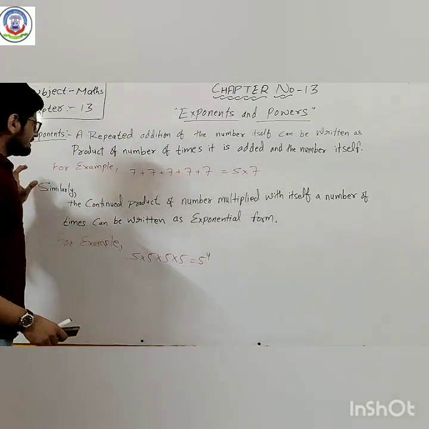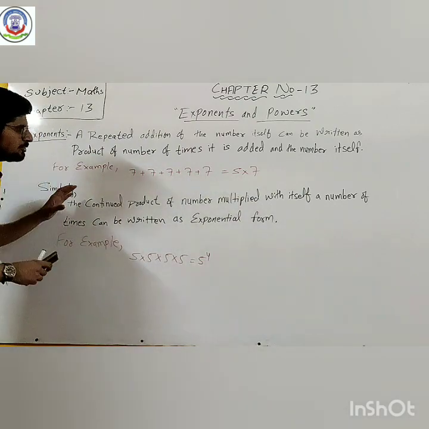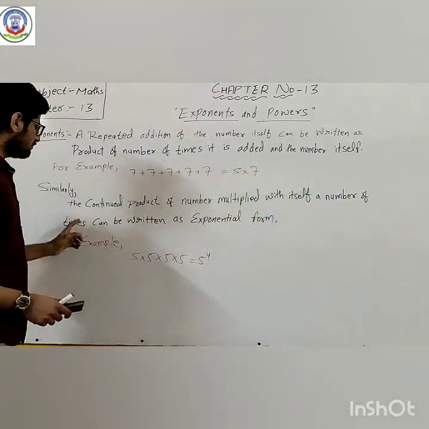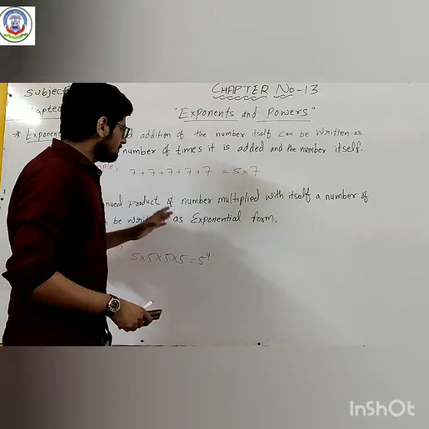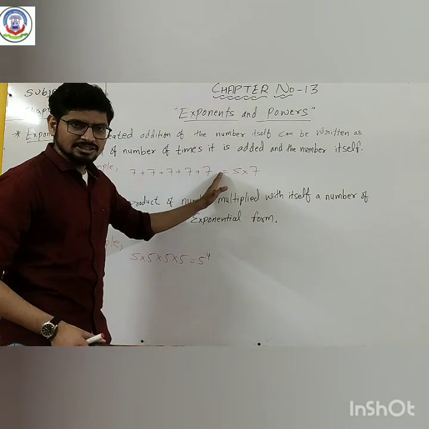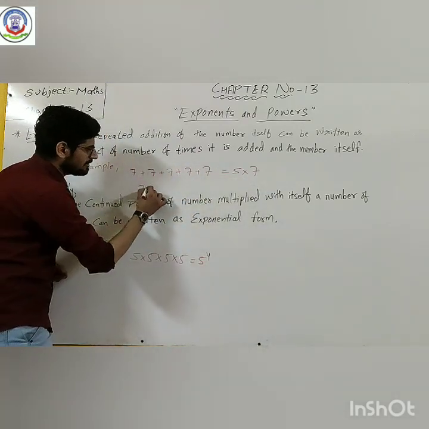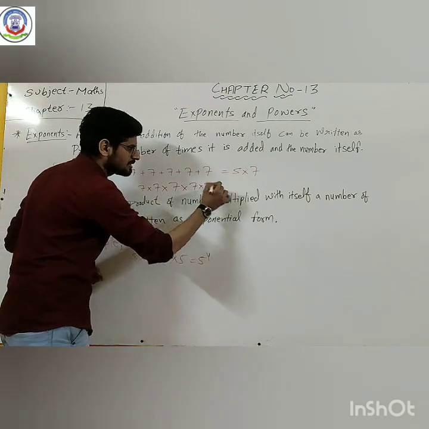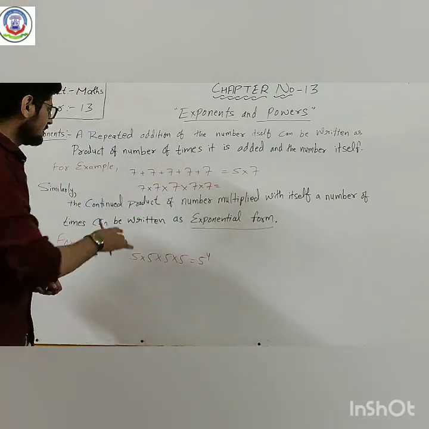Okay? Similarly, ये आपने क्लास 6 में देखा होगा. Similarly, the continued product of a number multiplied with itself a number of times can be written in exponential form. Means ये था आपका रिपीटेड एडिशन. अगर रिपीटेड मल्टीप्लीकेशन आ जाए, जैसे 7 multiply 7 multiply 7 multiply 7, 5 times, so it can be written in exponential form.